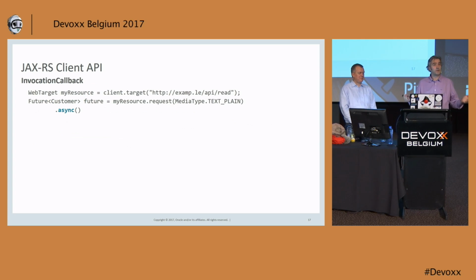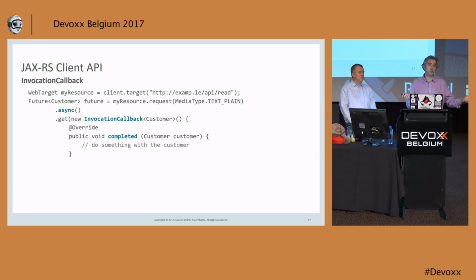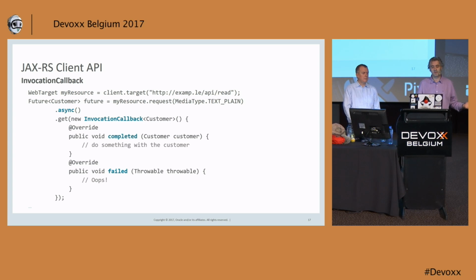It's a pure Jax-Rs client-side request. It's an async request, obviously. It's a GET request. And then we have to pass it an implementation of our invocation callback with the 2 callbacks that we have. So the completed one will deal with the result that will be sent by the remote endpoint, and the fail if something goes wrong. So it's fairly easy to see how it works.